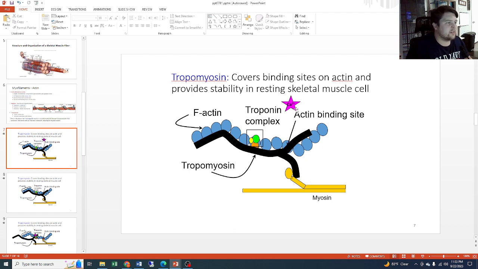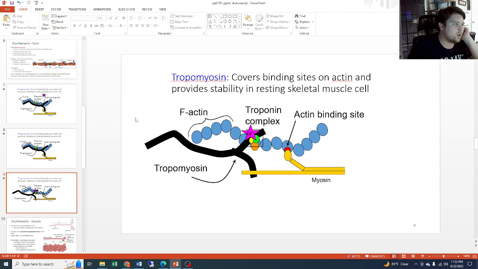Then we're going to have an influx of calcium. Calcium comes and binds to the troponin complex, specifically the troponin C, and causes that protein to restructure, to change shape. When it changes shape, it pulls the tropomyosin off of the myosin binding sites.